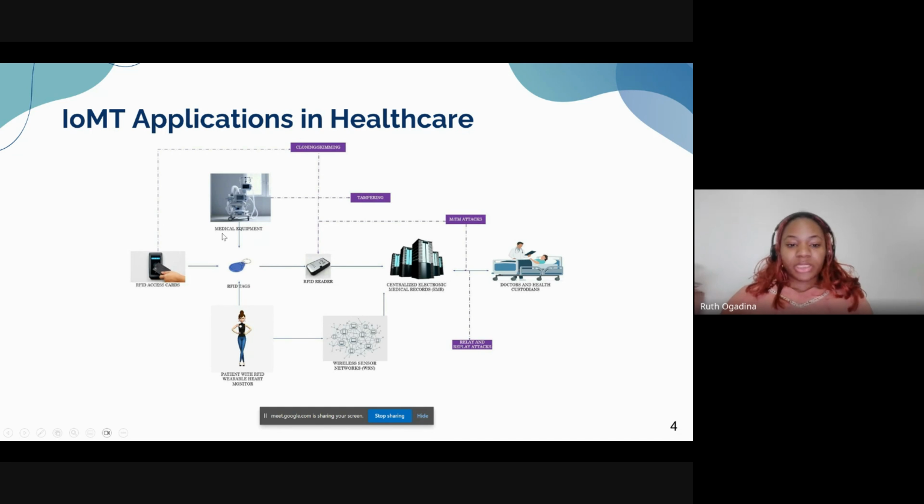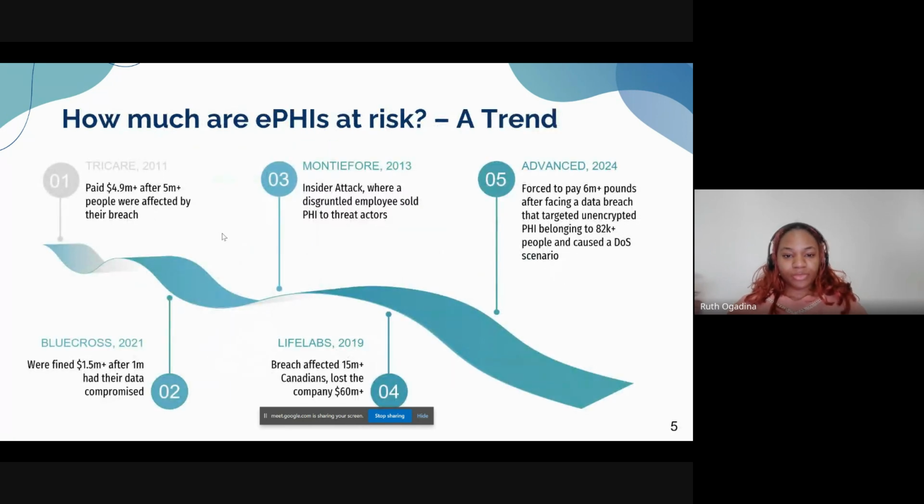And all this information is very key. It's very important to identify and take note of all these devices that are handling EPHI, because we need to understand how threat actors can work, or how they can move towards compromising a person's records or the multiple records that an organization could have.